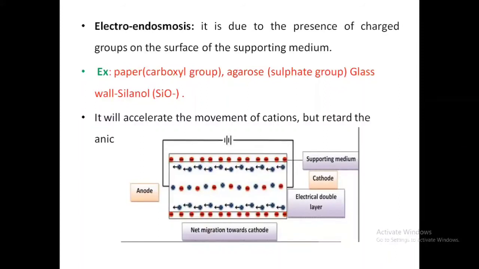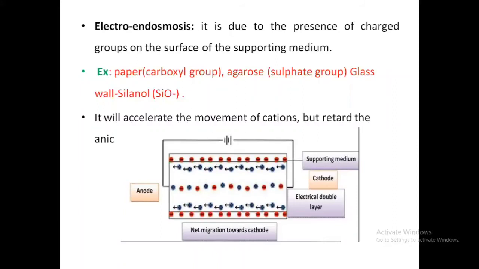If positive ions are activated, which ions are retarded? Anions are retarded. So finally, all the positive ions are attracted towards the cathode, and the net migration we observe is towards the cathode.